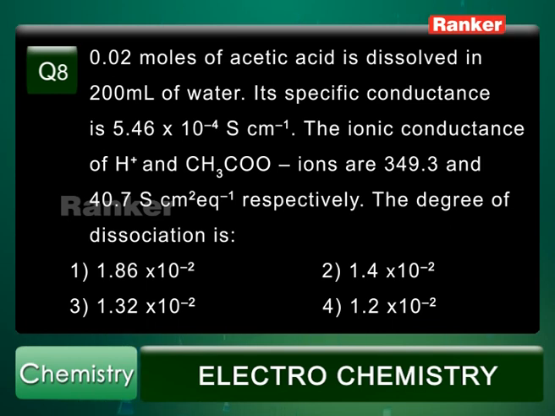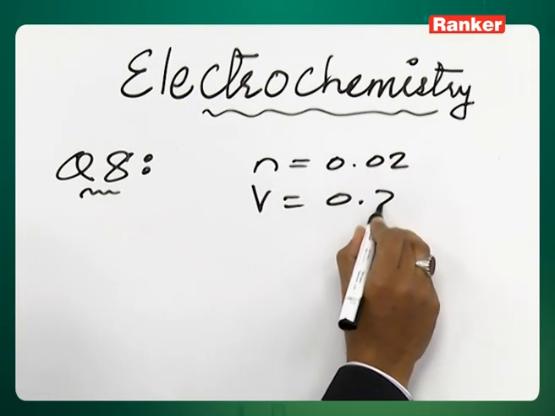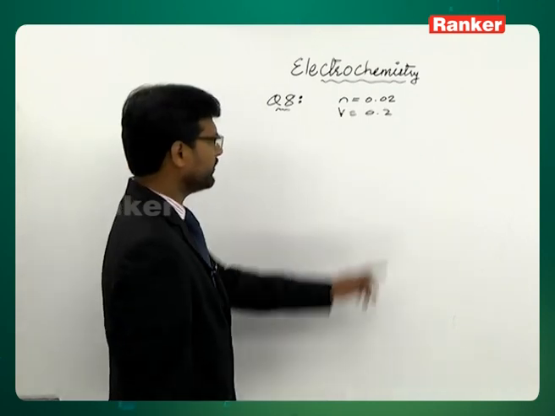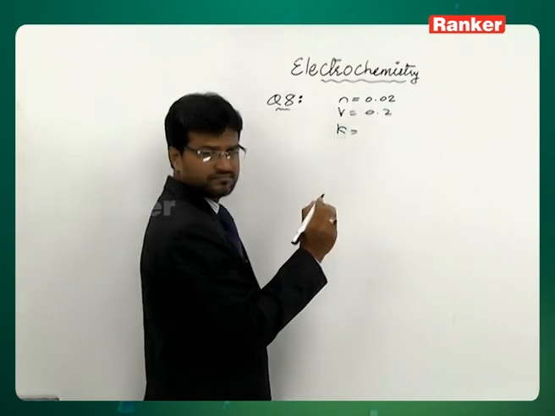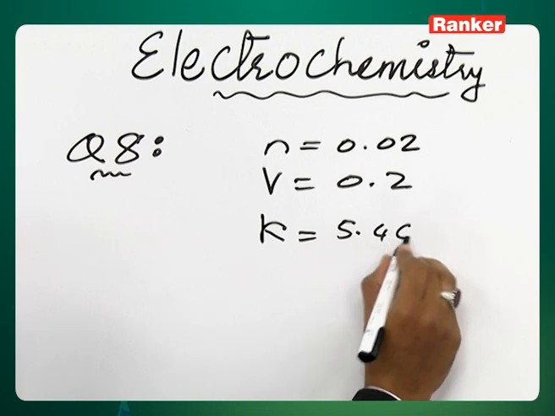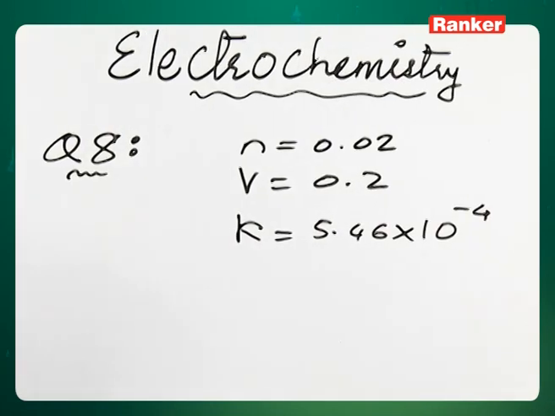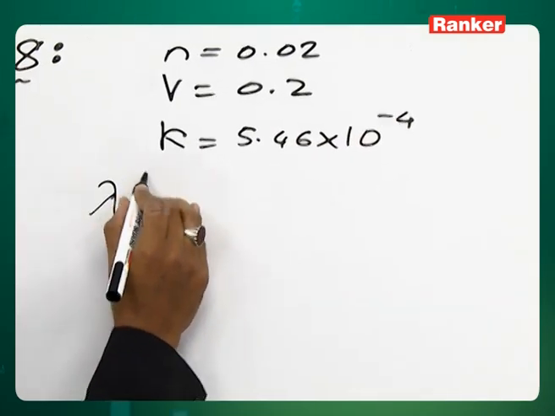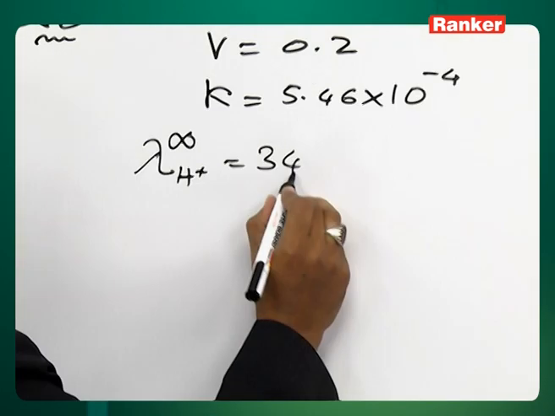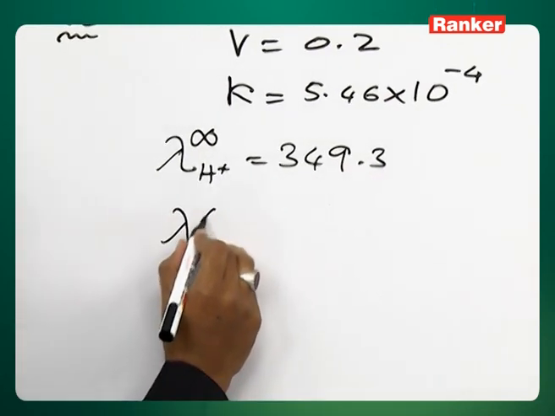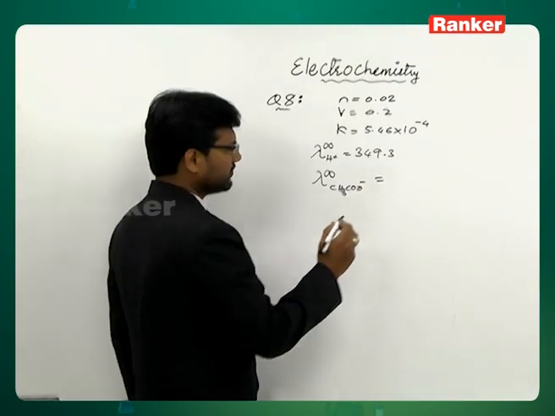The degree of dissociation: n equals 0.02, volume is 200 ml, that is 0.2 liters, specific conductance kappa equals 5.46 into 10 raised to minus 4. Ionic conductance of H plus is 349.3. Ionic conductance of acetate is 40.7.